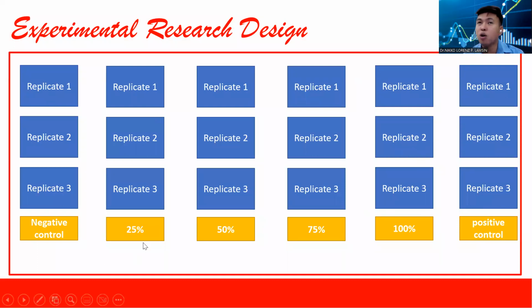The 25% is the combination of your product plus the commercial one, 25% diluted, 50% diluted, 75%, and 100% pure substance. Okay, so you can compare that and verify the results using the results produced by the replicates.